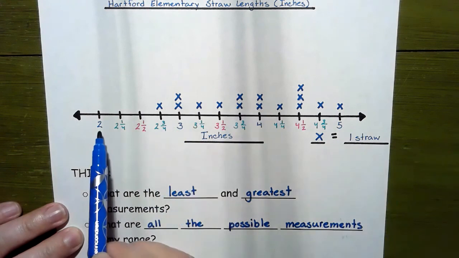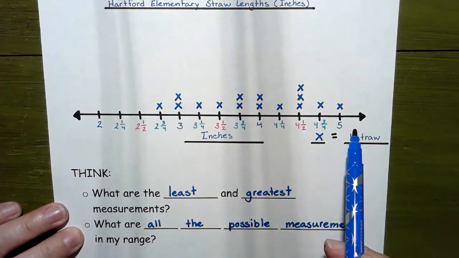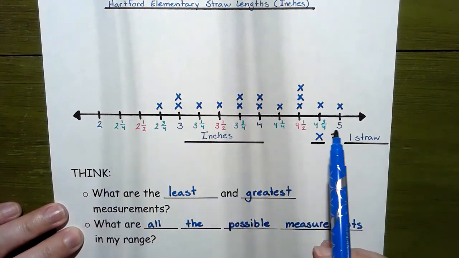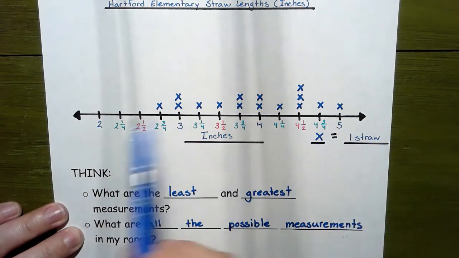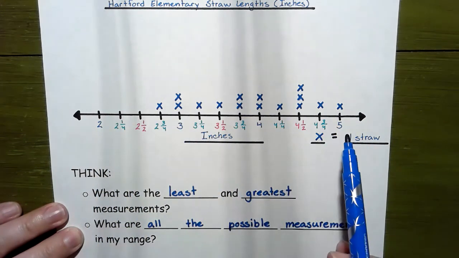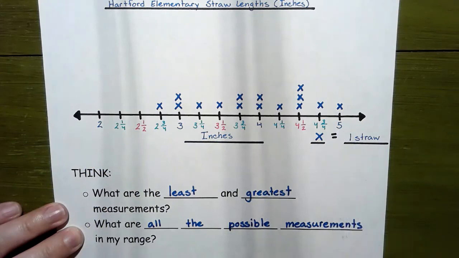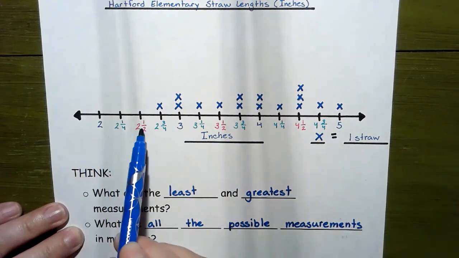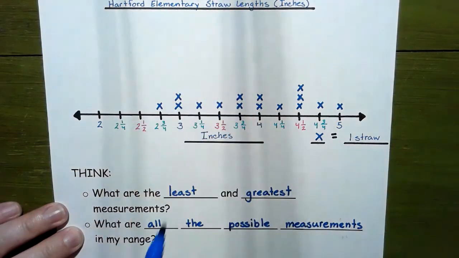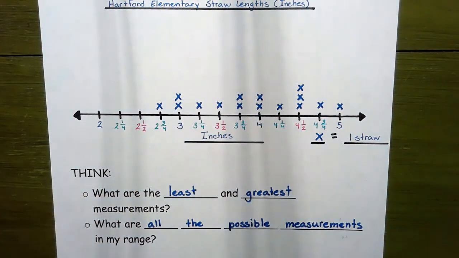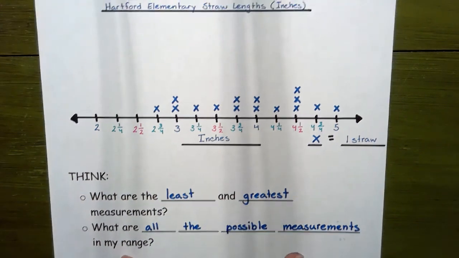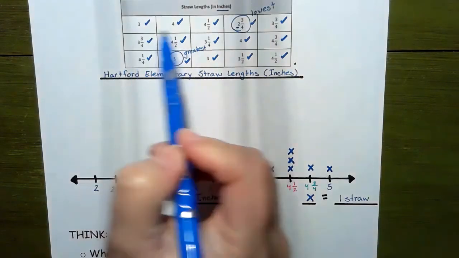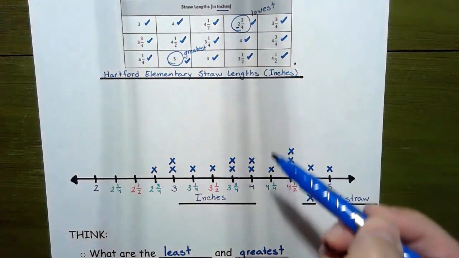So our range was from 2 to 5 because we want to start and end at a whole number. And all the possible measurements between 2 and 5 are on our number line, even though some of them may not be used in our data set. So remember these two questions when creating your line plot today. Take your time, check your work, and be sure your work is nice and neat.